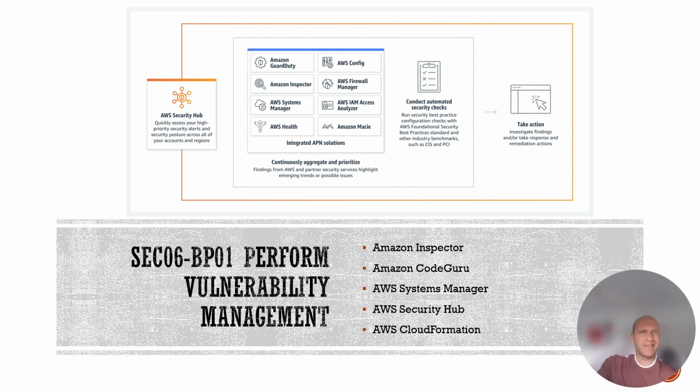Amazon Inspector creates a finding when it discovers a software vulnerability or network configuration issue. A finding describes a vulnerability, identifies the affected resource, rates the severity of the vulnerability, and provides remediation guidance. You can analyze findings using the Amazon Inspector console or view and process your findings through other AWS services.